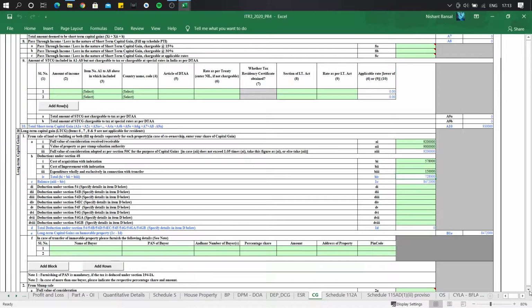For the sake of this question, I would like to tell you that under section 54EC, the deduction is given only when the amount is invested in the bonds of 4 specific companies, that is REC, NHAI, PFC and IRFC, only when the amount is invested within 6 months of the date of transfer of asset, and that too the total or the aggregate amount invested cannot exceed 50 lakhs. So let's analyze the situation here.